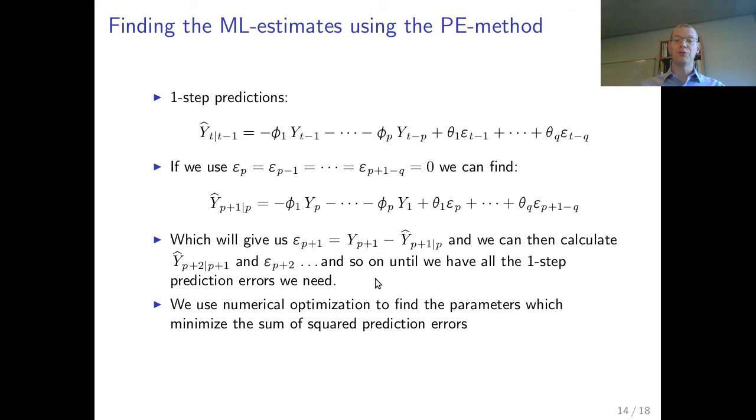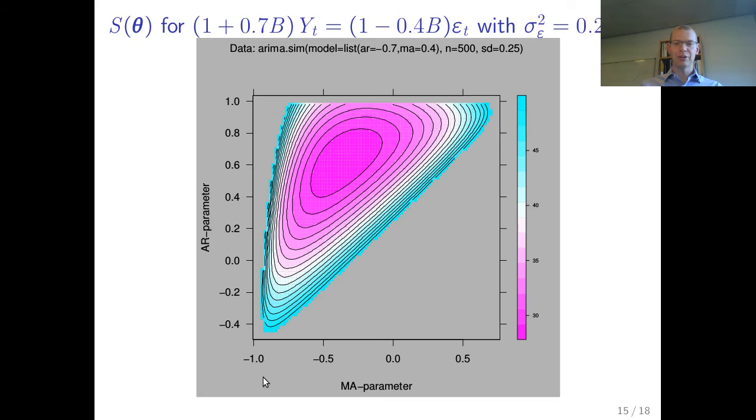In order to find the optimal parameters, you just want to minimize the sum of the square prediction errors.